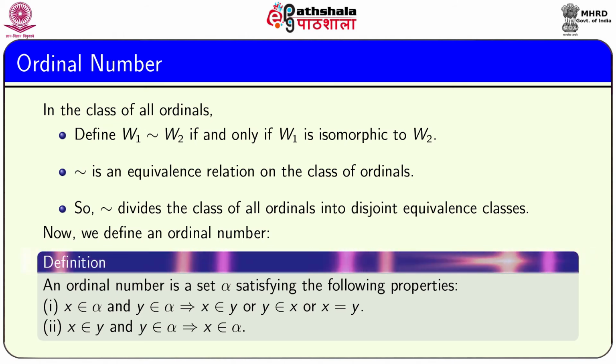Number 1, x belongs to alpha and y belongs to alpha implies that x belongs to y or y belongs to x or they are the same, that means x is equal to y. Number 2, x belongs to y and y belongs to alpha implies that x should be inside alpha.